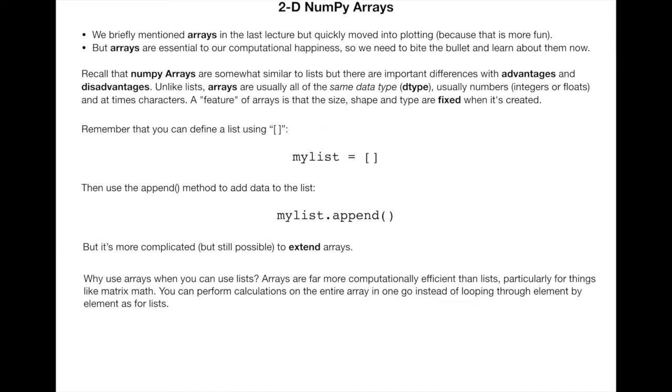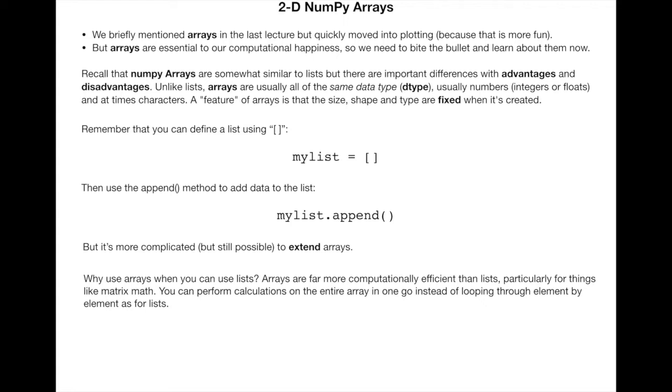An array is somewhat similar to a list, but there are important differences between an array and a list. The major difference is that a list can contain all kinds of data types, while arrays can only have one data type.